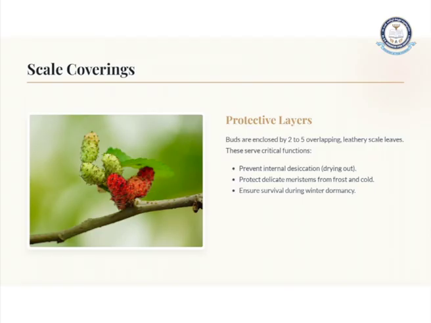That means the scale covering protects the bud from drying out. Next, it protects the delicate meristems from frost and cold. That means it helps even in unfavorable conditions, in bad conditions.